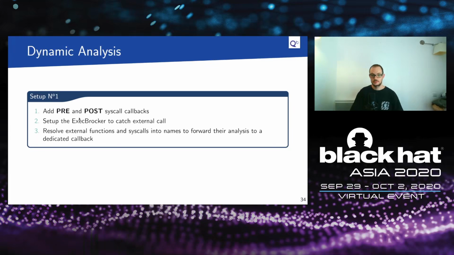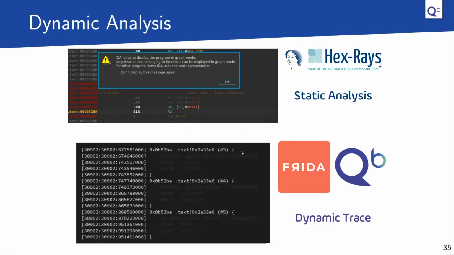You can also set up the exec broker so that you get an external call trace, which is like strace, but for all the external functions, which is quite convenient. And you can resolve the external call into a symbol and process the parameters and the return value in dedicated callbacks. And you get a call trace.